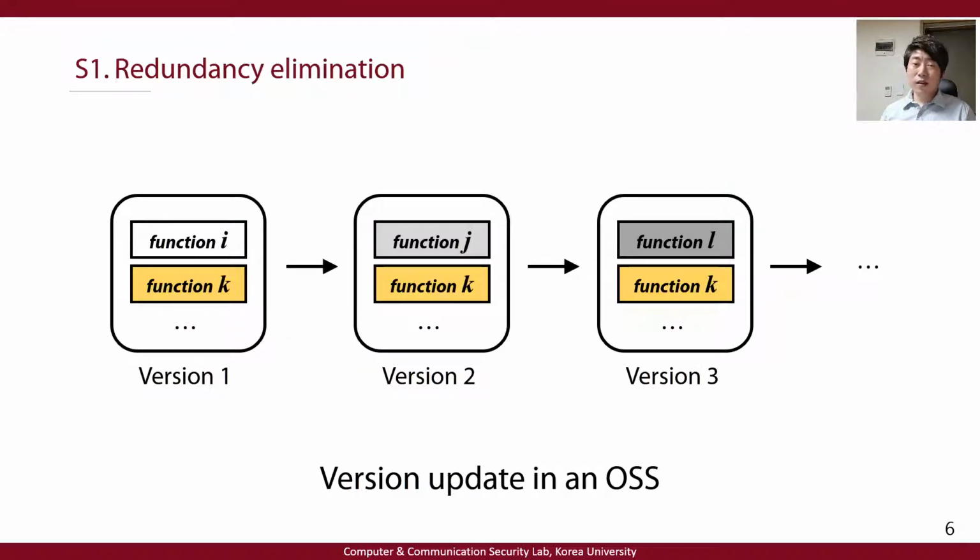For scalability, we try to remove unnecessary comparisons using redundancy elimination. Note that the entire source code of an OSS is not newly developed each time the OSS is updated. For example, in this case, the function k is not changed during updates and survived up to version 3.